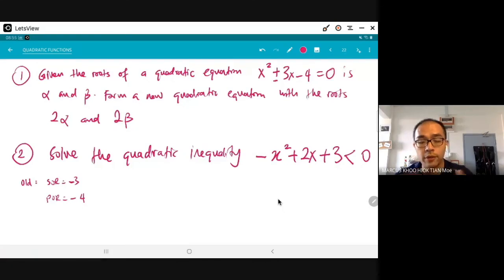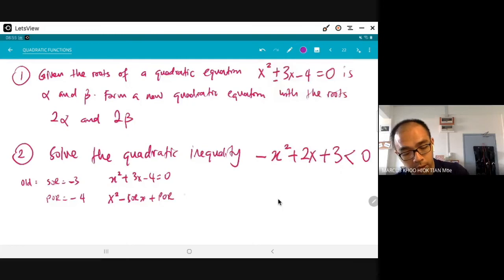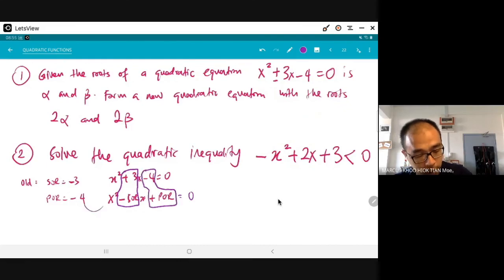If you don't know how to do it, just compare x squared plus 3x minus 4 equals to 0 with our template x squared minus SOR x plus POR equals to 0. So the SOR equals negative 3 and the POR equals negative 4.